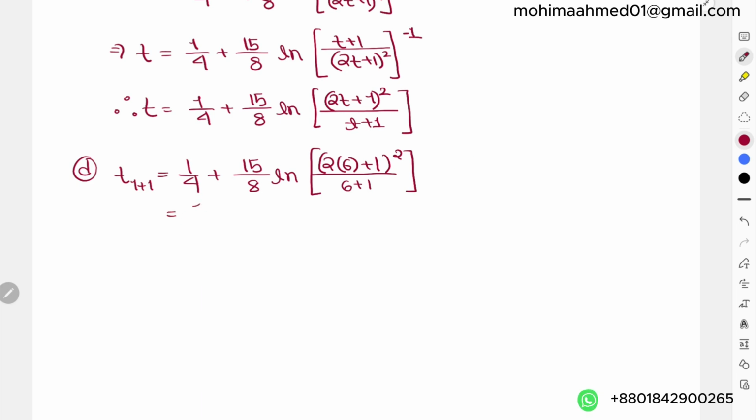If I simplify this, I'm going to get 1/4 plus 15/8 ln of 13 square by 7. So I get 1/4 plus 15/8 and ln 13 square by 7, for which we get 6.21997.